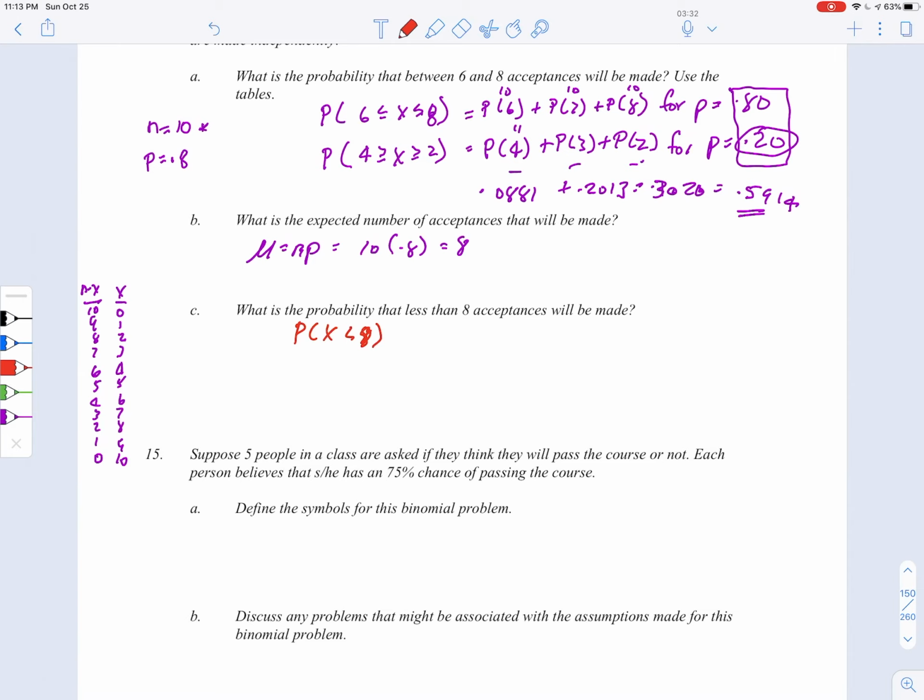It would actually be less than or equal to 7. So over here, it would be these guys right here. Right? So less than 8 would be 0 to 7.